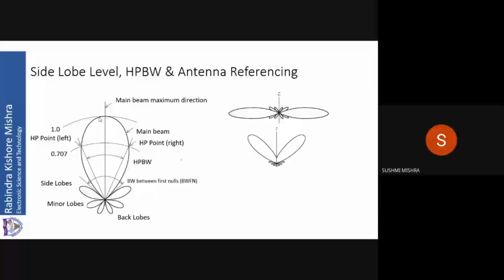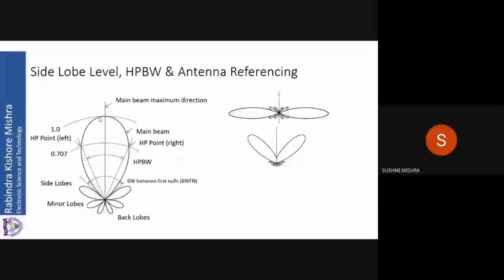If I am considering the field pattern, then it should be 0.707 of the peak value. If we consider those points, I will have one point on the left side of the lobe and one point on the right side of the lobe. The angular separation between these two points is called the half power beamwidth, and these points are called the half power points.